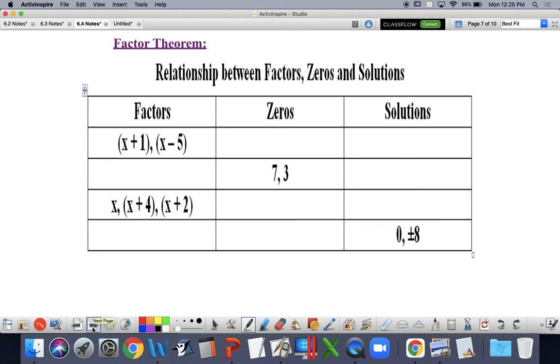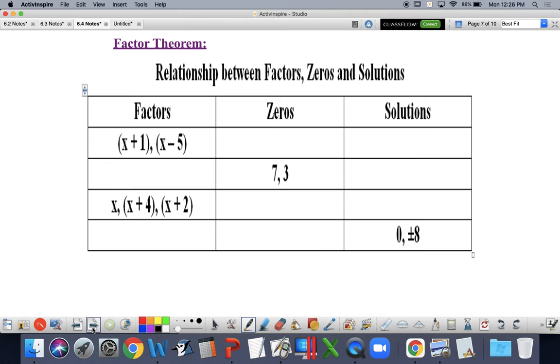So the next thing in your notes is this kind of table, which I know I'm just drilling into your head. I'm bringing this up all the time. I want to make sure you understand that even if you're having trouble figuring out the factors, if you can look at a graph and see your x-intercepts, you will know your zeros.